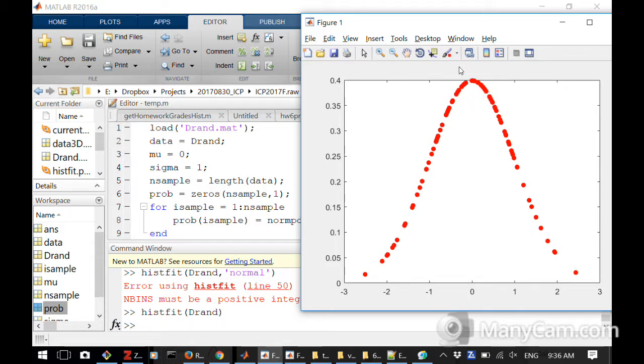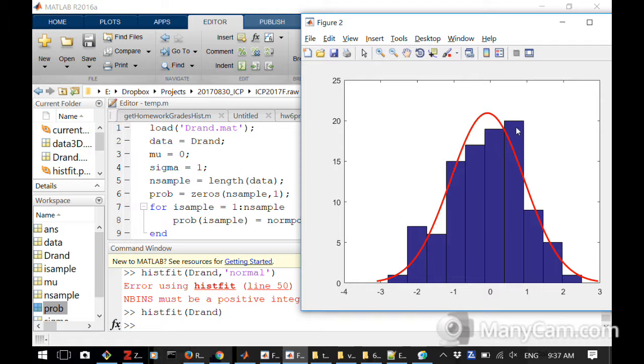But the reason we have so many points at the top of this curve versus the tails is that we have so many points in our data set that come from that highly probable region at the top, right? So if you recall, I showed you that many of the points fall in this region. So a lot of points are here, and then a few of them are in the tails.